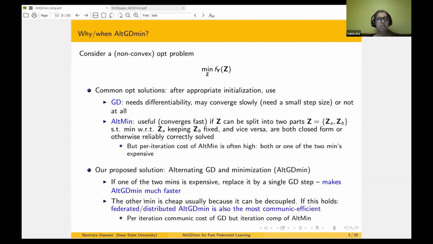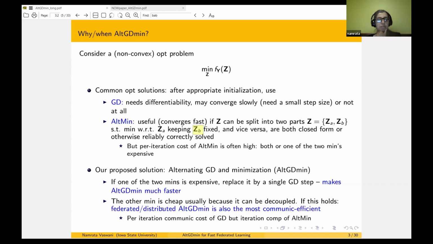And then typically, let's say ZA is the slow or expensive variable, and ZB is the cheap variable. The other minimization is cheap usually because it can be decoupled. And when this decoupling holds, you can actually argue that a federated or distributed implementation of RGDmin is also the most communication efficient compared to both gradient descent and AltMin.